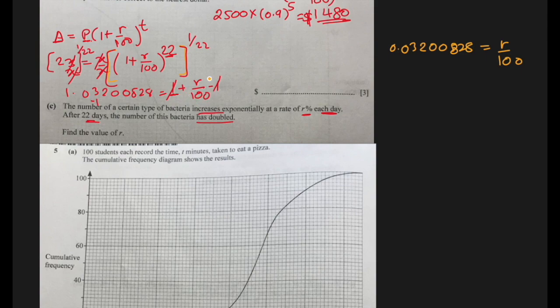That is the only one left here. Now cross multiply. This 100 will multiply here, so the decimal place will go 2 places to the right. So it will become 3.200, no need to write the rest of them, equals r. So r is 3.2%. That's it.